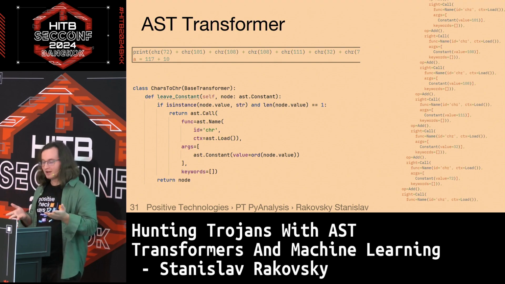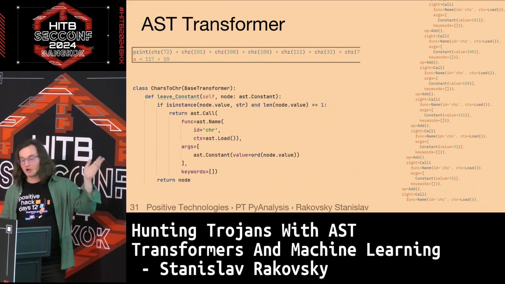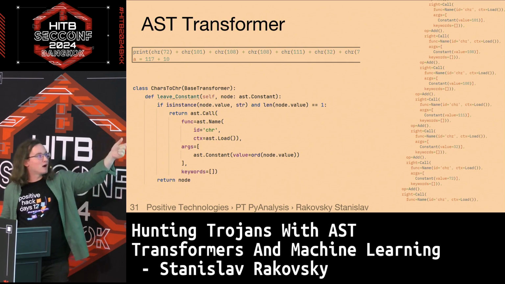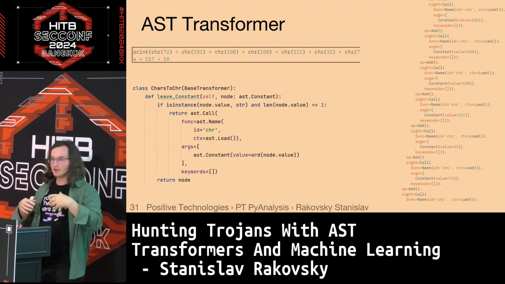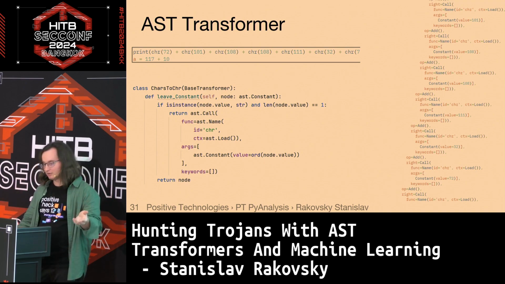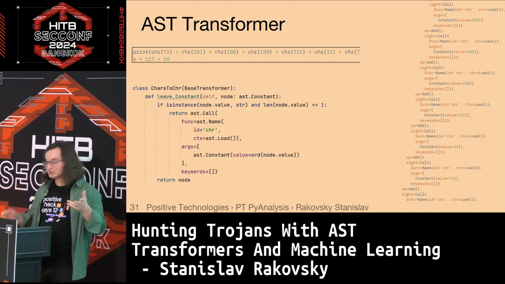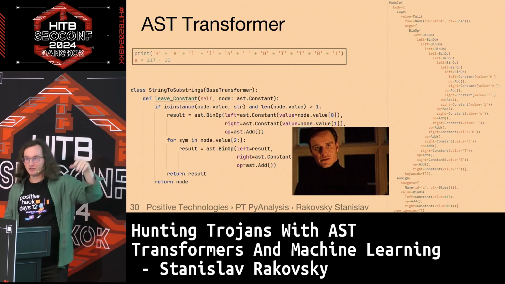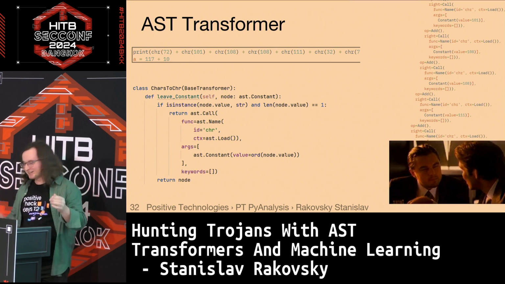So for now, we have another transformer that will look for a constant with the type string and length of 1, and just wrap it with a call of chr, and will convert our characters to a set of numbers. Our AST at the current stage compared to the previous one looks even better.